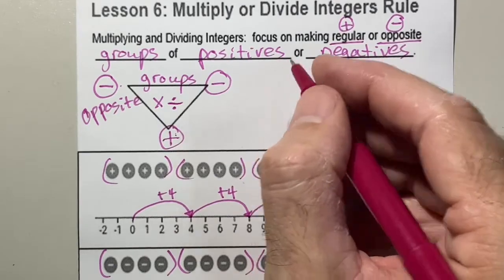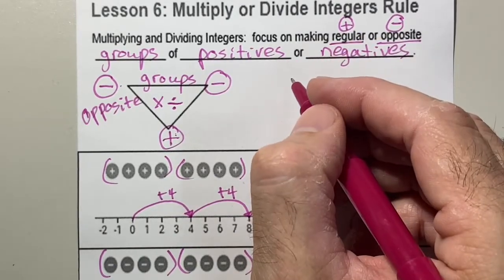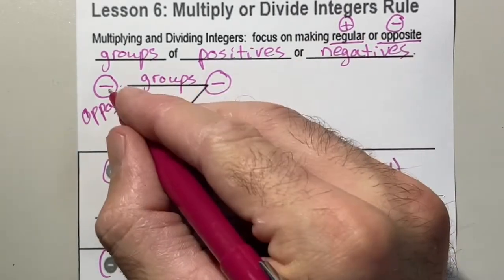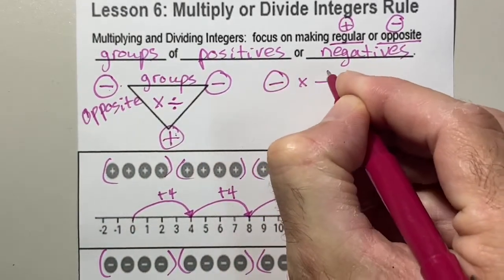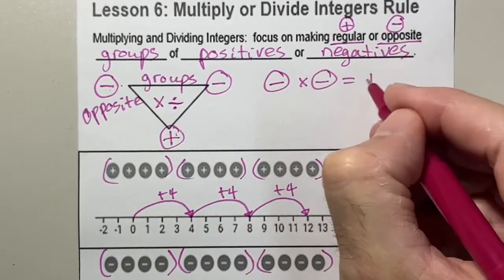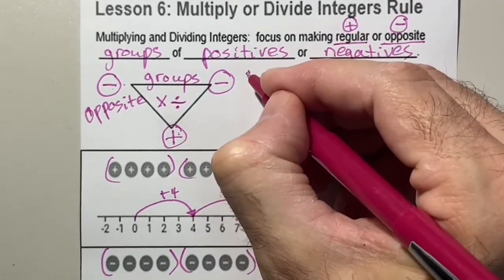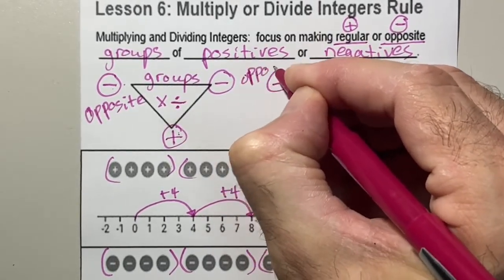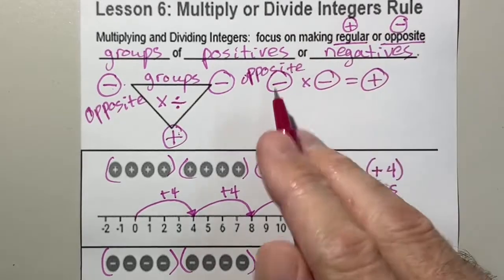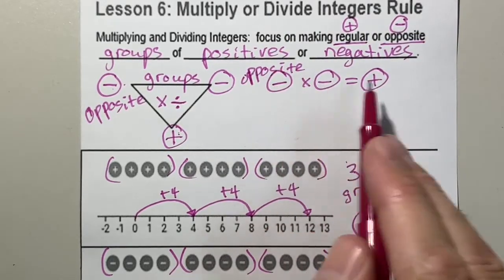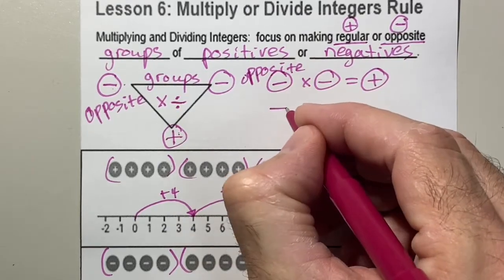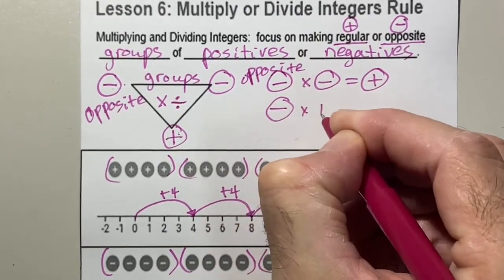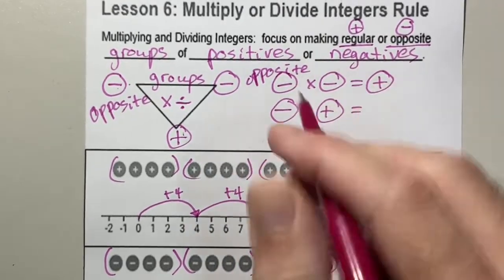So if we use that rule over here and we set it up, the negative of a negative, so multiplying, the opposite of a negative is a positive. And then if you have the negative times a positive, the opposite of a positive takes you back to a negative.